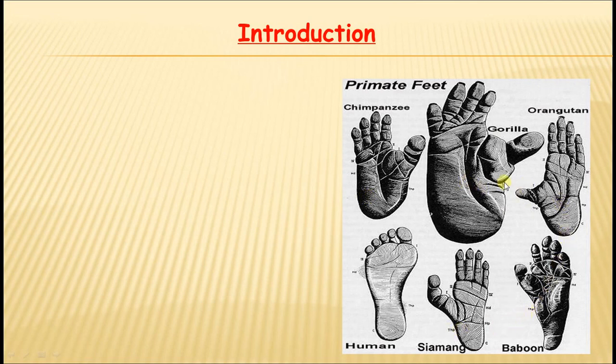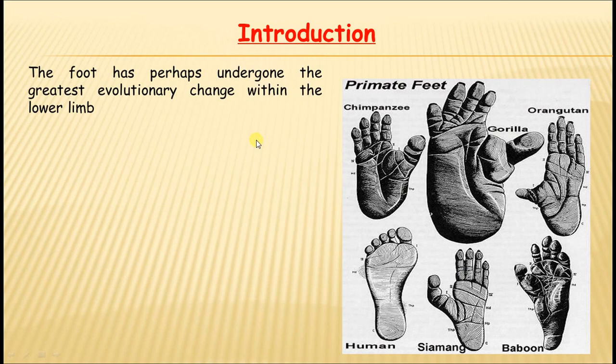Now, in the lower forms, the foot is mainly for prehensile function and grasping. They climb on trees and various surfaces, so they have to grasp with the foot, and then they can use their forelimbs to pick up things for eating or other activities.